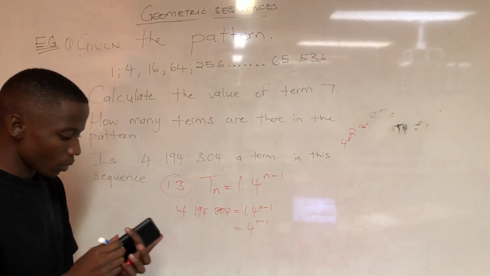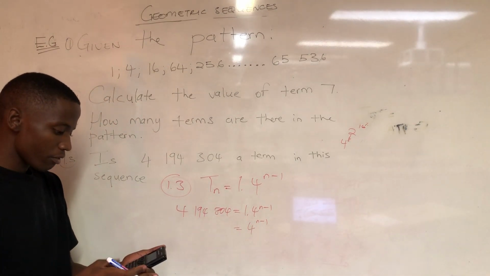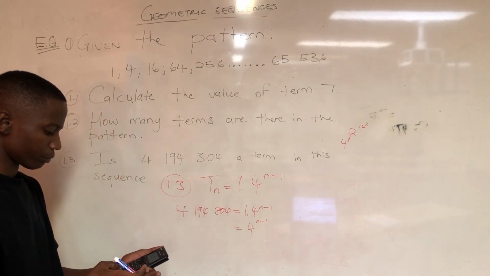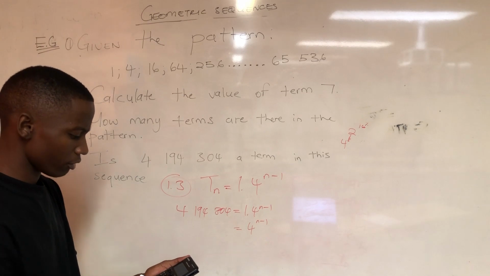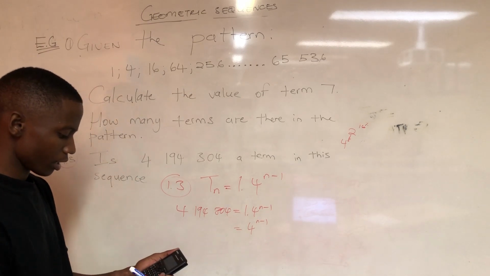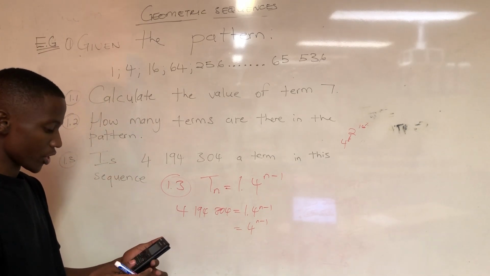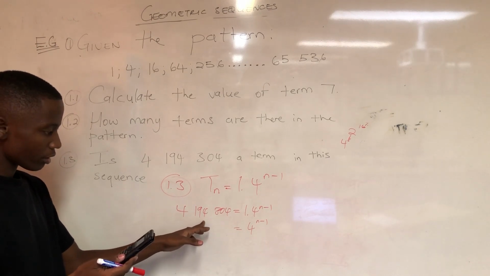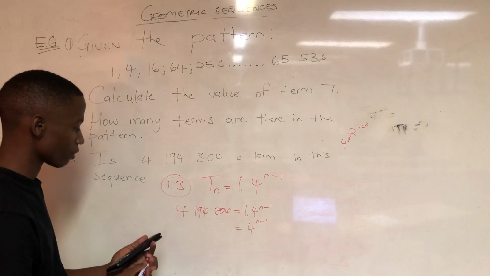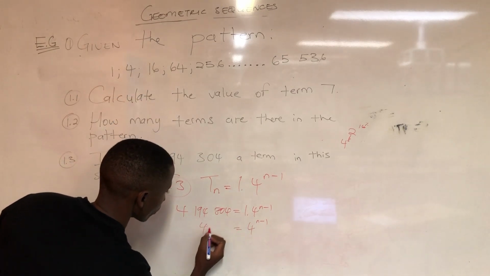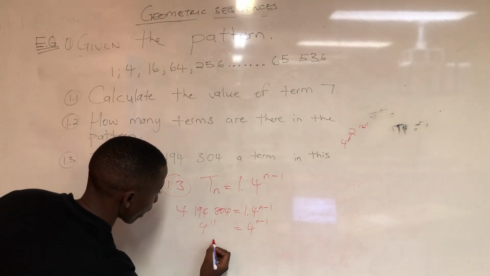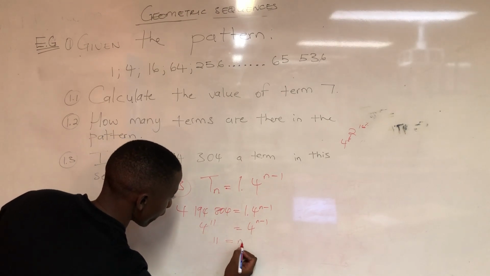I think that is going to be 4 to the power of 11. So 4,194,304 is 4 to the power of 11, and therefore 11 will be equal to n minus 1.